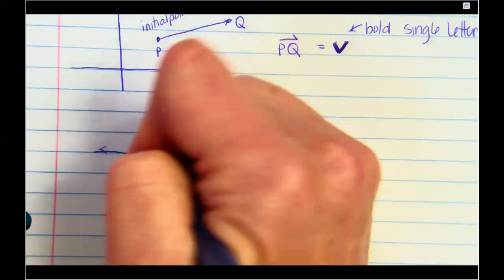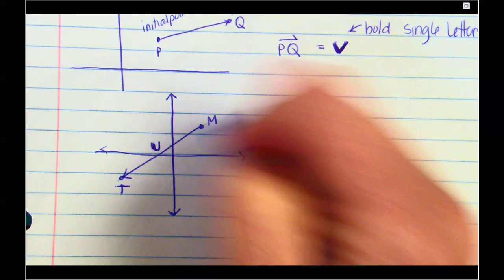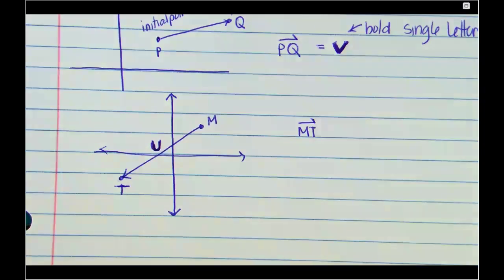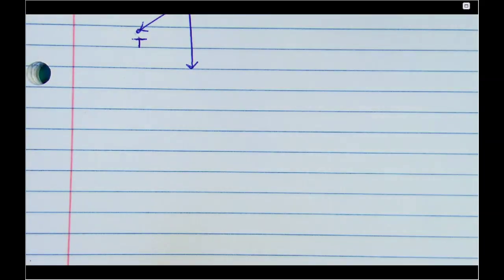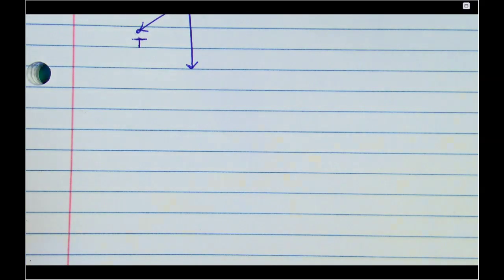If I don't want to write all this, I can also name him U as a single bold face. It's just easier to write one letter than it is to write 2 letters and a half arrow. So both of those are possible. Okay, so now that you know this, this is the basics of vector notation.